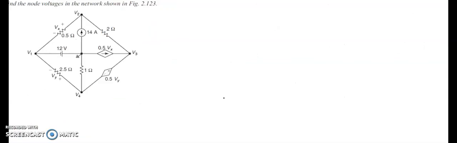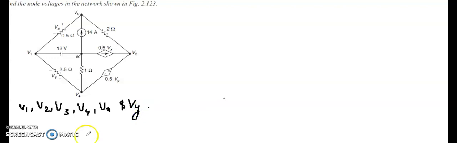Here we have the second question. Find the node voltages in the network shown in the figure. Here we have unknowns V1, V2, V3, V4, Vx and Vy.